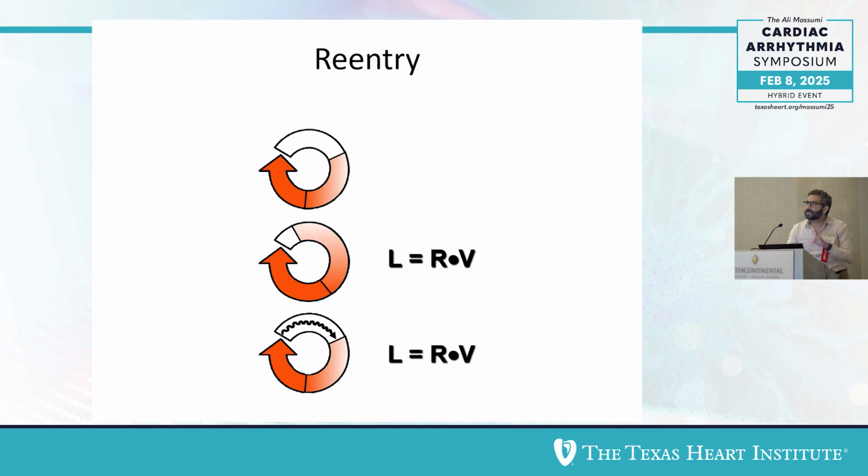Okay, next is the refractory period. If I make this refractory period longer and longer, and I make this tail longer and longer, if it takes longer for that action potential to reconstitute itself, for repolarization to occur again, then this tail becomes longer and longer, and you don't even need the wavehead to hit the tail.